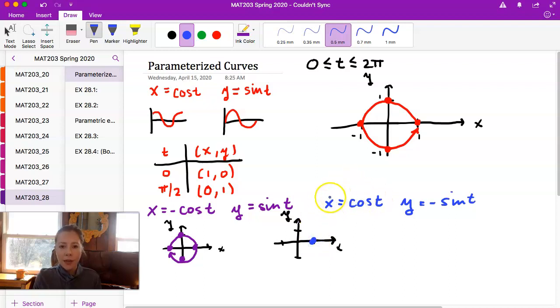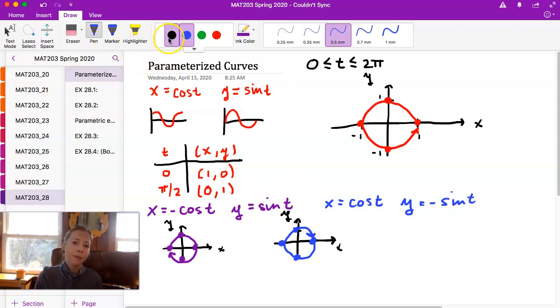But then when we go to pi over 2, we're going to end up at 0, minus 1. So we're starting this time, like our first example, at 1, 0, but we're going to be drawing our unit circle clockwise.